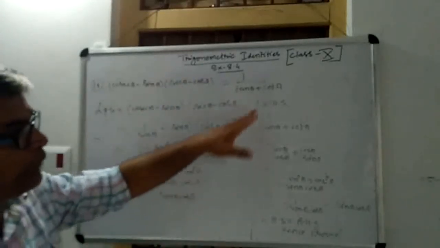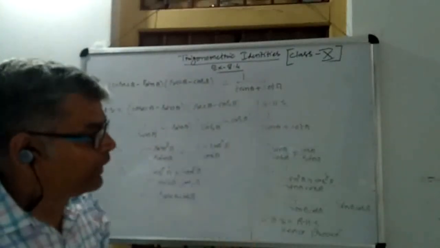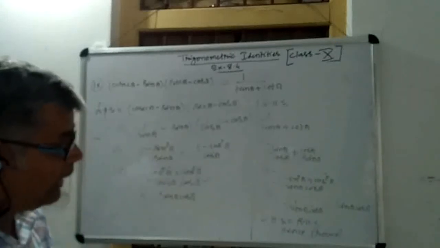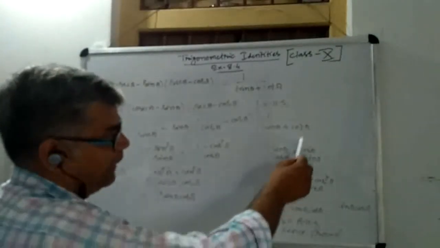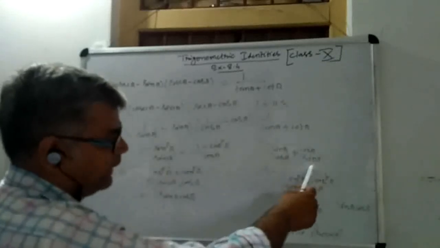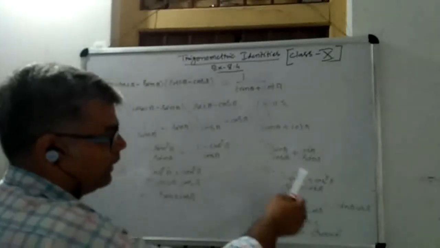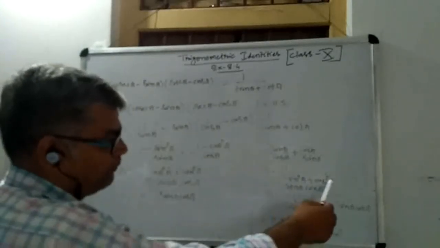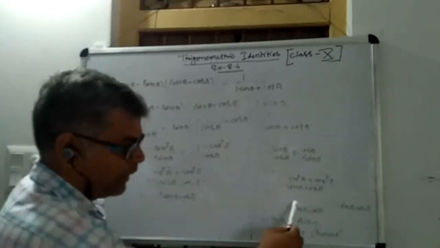And similarly, when we take the RHS part, then we have 1 by tan A plus cot A, that is 1 by tan A, convert tan A into sin A by cos A, plus cot A as cos A by sin A. So taking again LCM, we got sin A cos A, and adding sin squared A plus cos squared A, you know that the value of sin squared A plus cos squared A is 1.